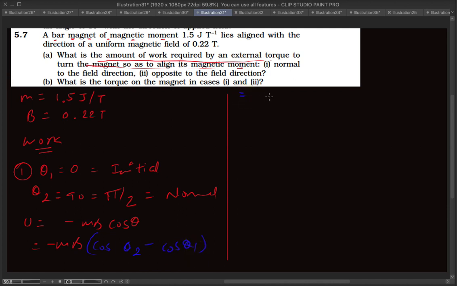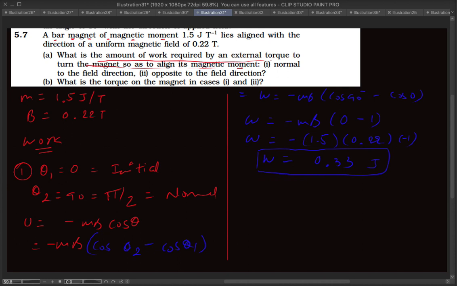So my formula would be work done equals minus mB times cos 90 minus cos 0. So I can have minus mB, and cos 0 is 1. So my work done is equal to minus 1.5, then 0.22 and minus 1. So my work done is equal to this much joule, that is 0.33 joules.